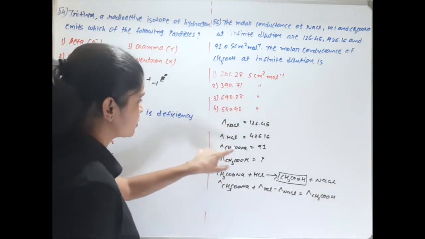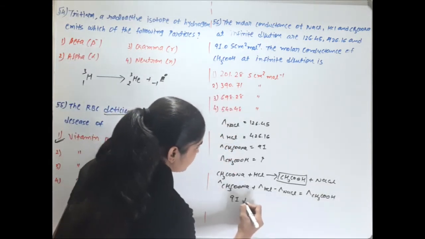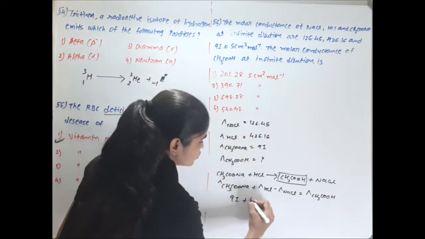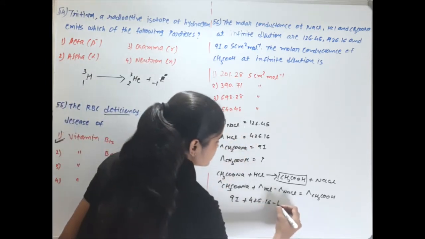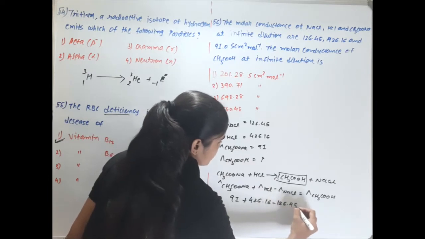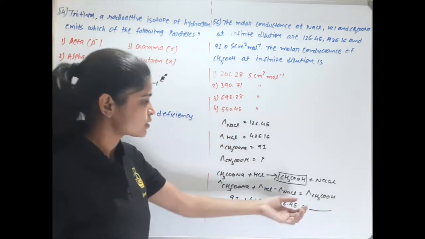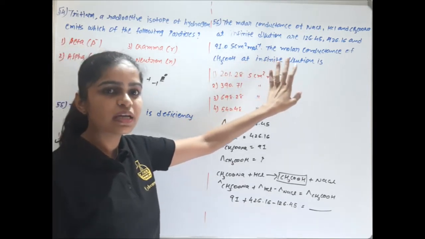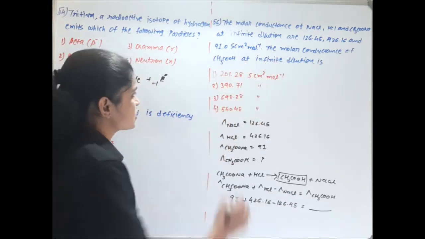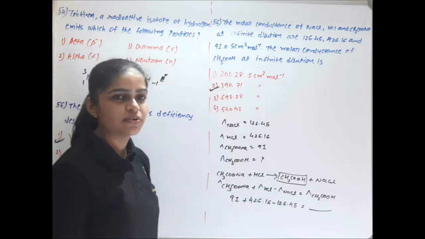The given value is 91 plus lambda HCl, 426.16, minus the NaCl value, 126.45. So this is the answer for the molar conductance of CH3COOH at infinite dilution, which is 390.71.